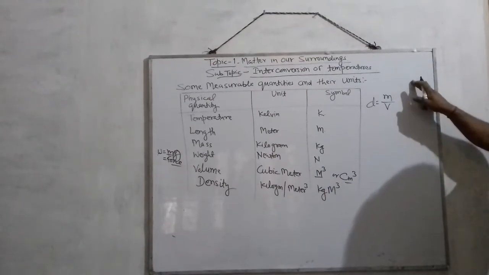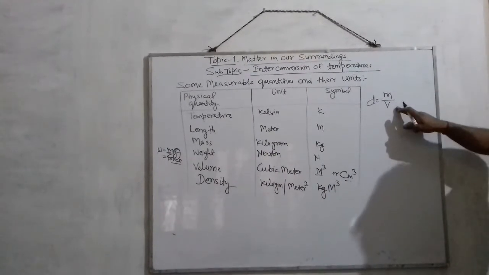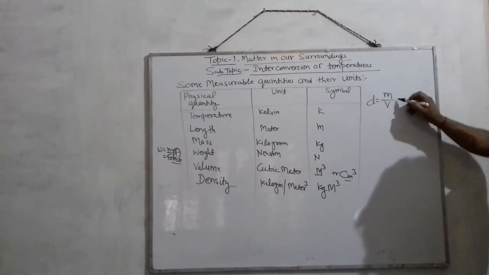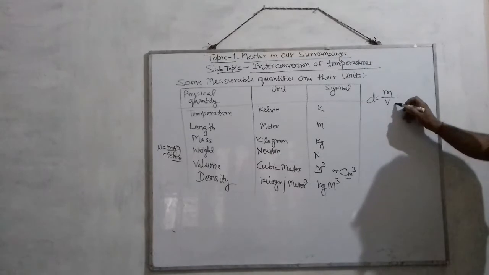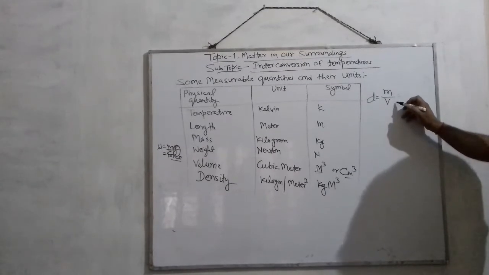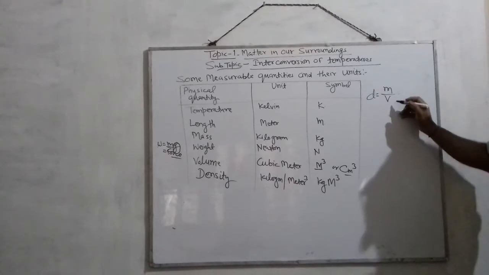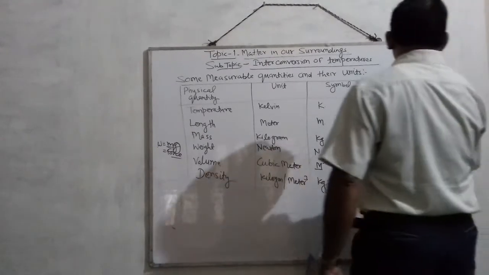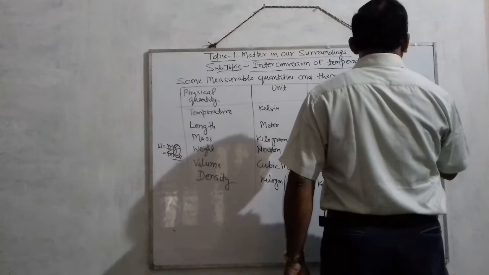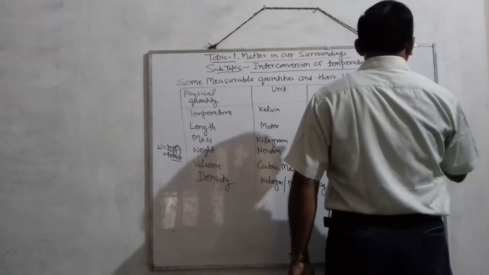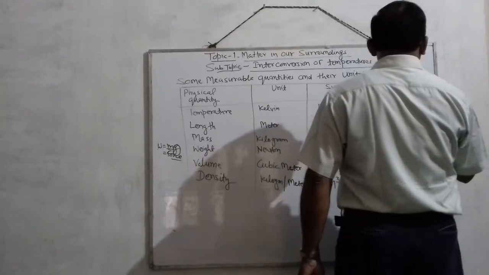M is the mass of the substance and v is the volume of the substance. So D is m by v, and so its unit becomes: m is kilogram and v is volume, whose unit is cubic meter. So it is written kilogram per meter cube, or kg m to the power minus 3.